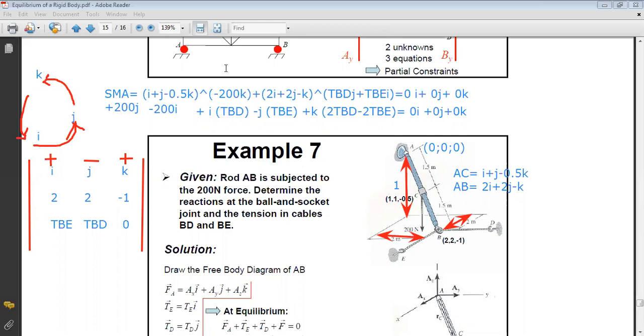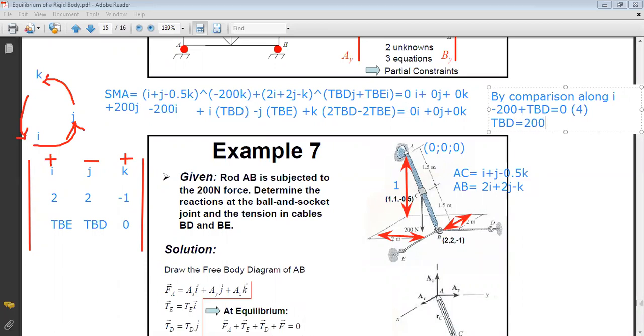By comparison along I, from this side we have minus 200 and plus TBD equals 0. This is equation number 4, and from equation 4 we get that TBD is equal to 200.